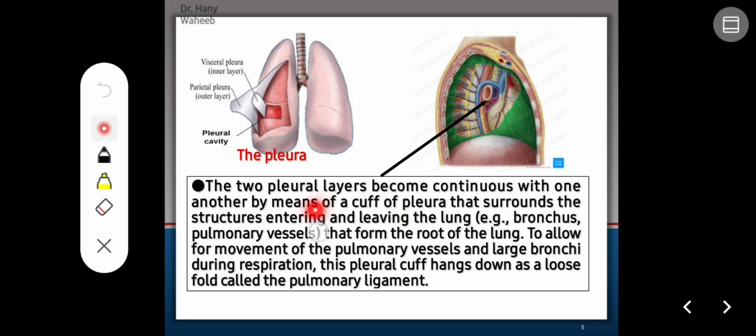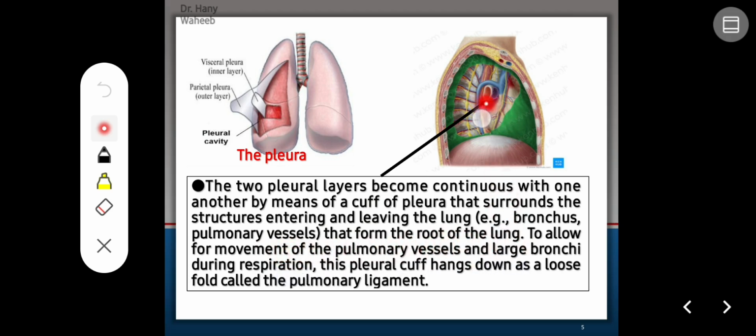So the two pleural layers become continuous with one another by means of a cuff of the pleura, like the cuff of the sphygmomanometer, the device which measures blood pressure. That surrounds the structures entering and leaving the lung, which are the bronchus and pulmonary vessels that form the root of the lung.